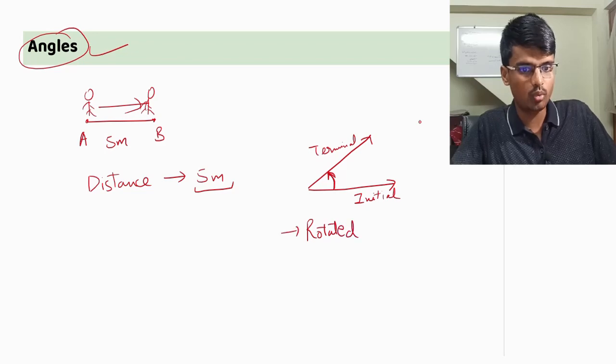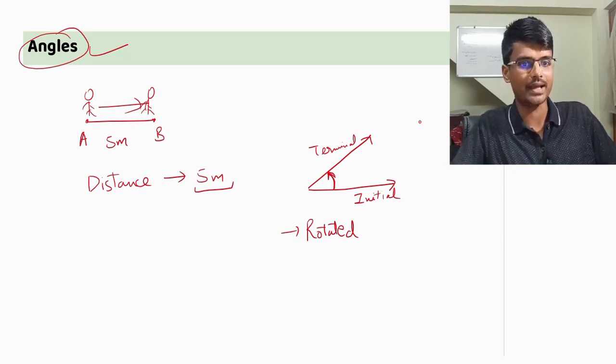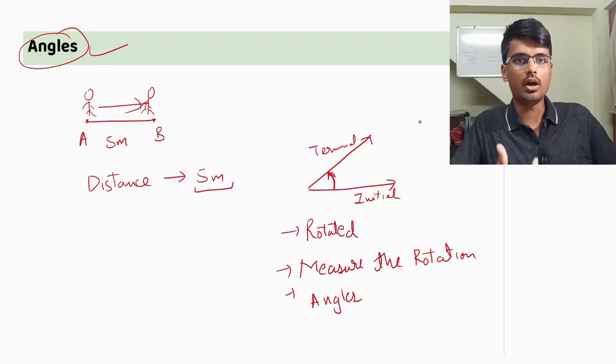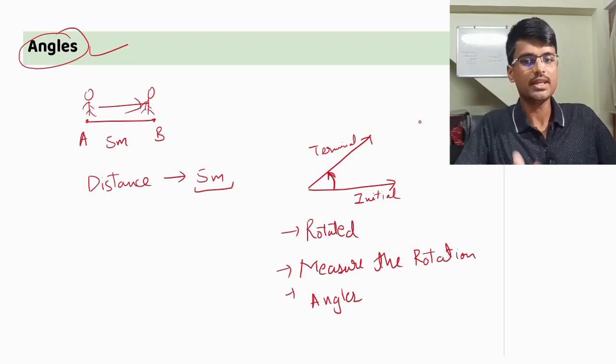How do we measure a rotation? There we come across angles. To measure the rotation, we need angles. That is where we need angles. So rotation is measured using angles.